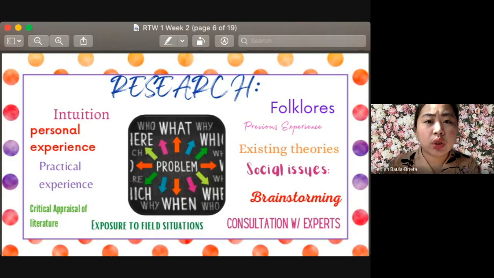The selection of research problem depends on several factors. We will discuss each of these factors presented on your screen later on. It is believed that most good research studies need a lot of time to select a research problem. So selection of research problem is very crucial.